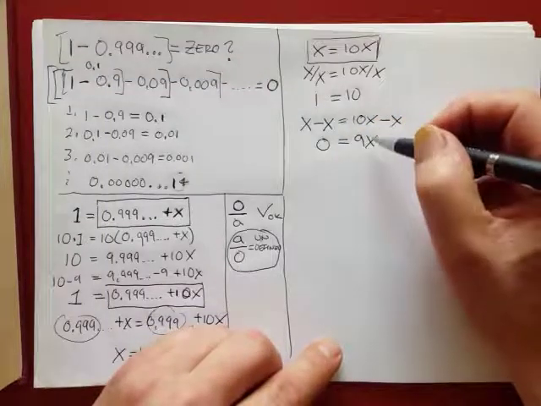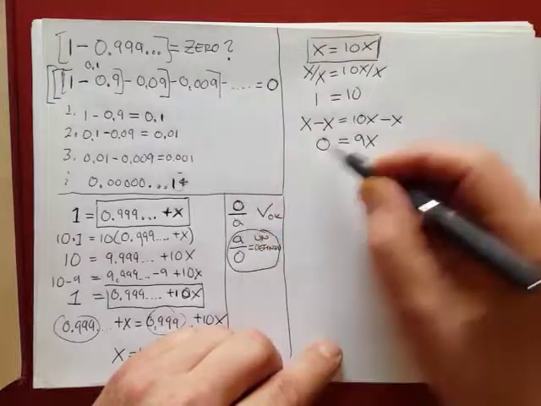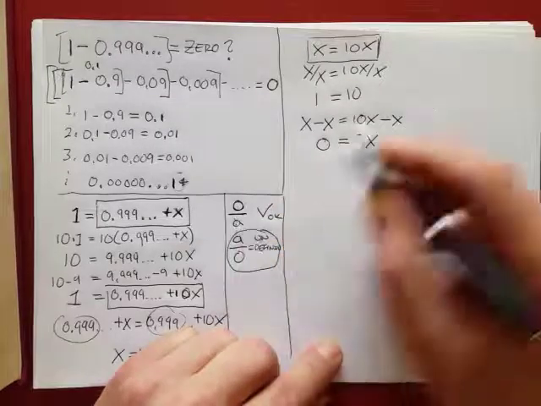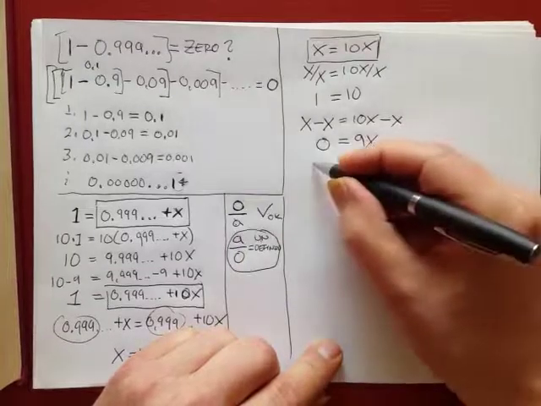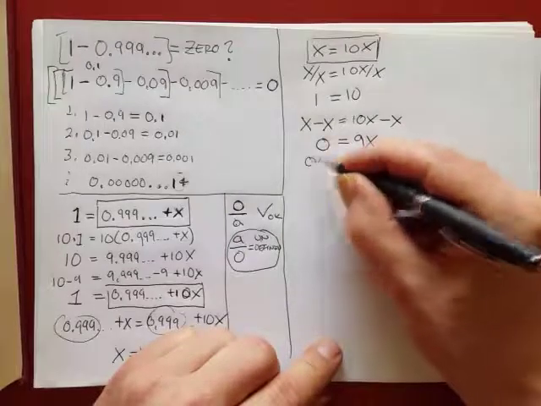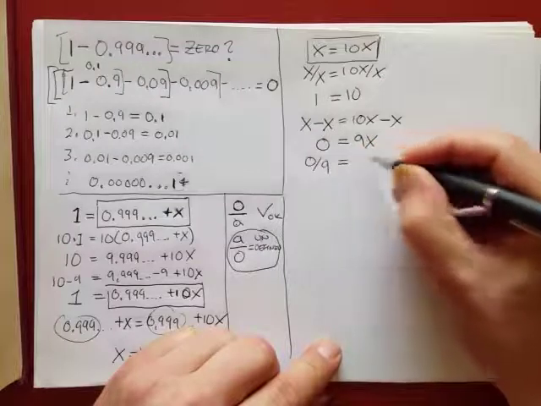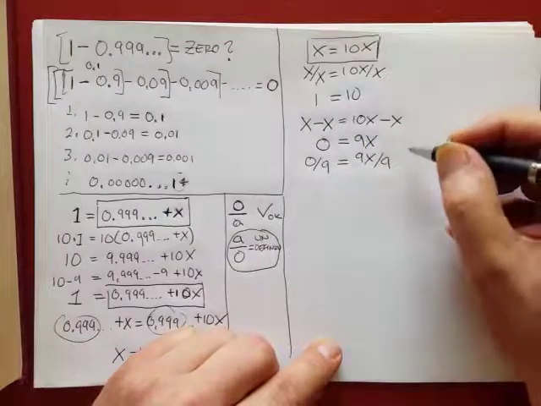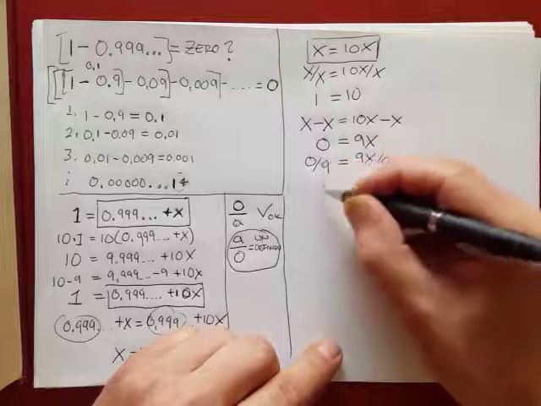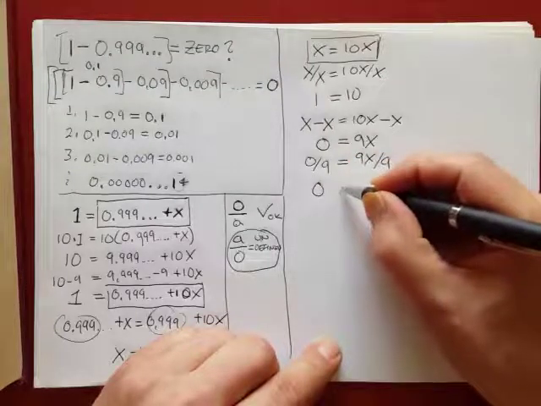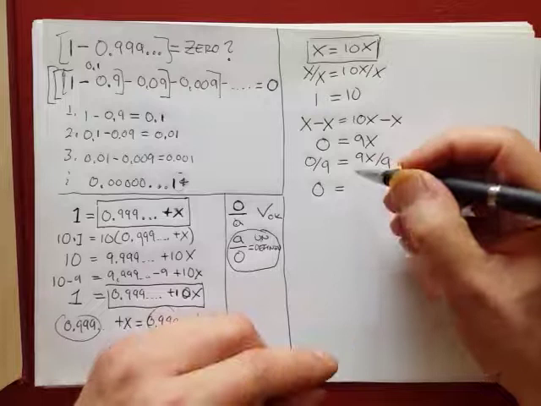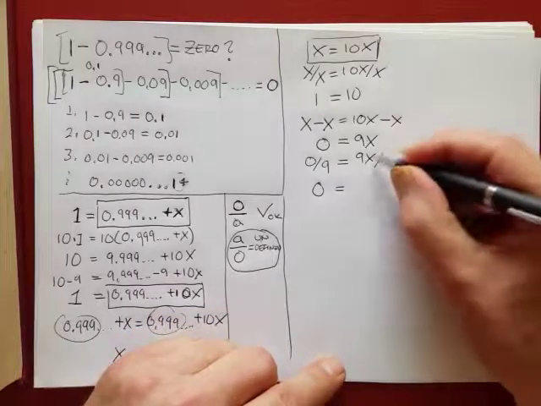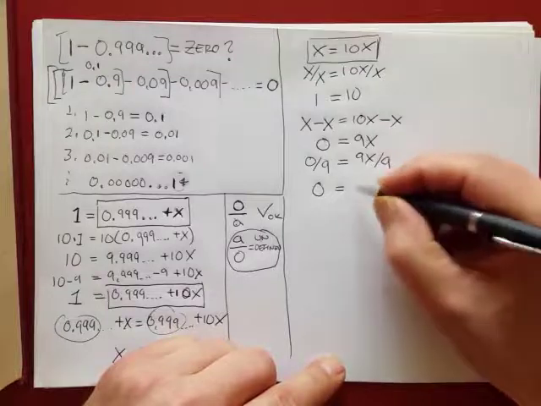And if you remember, we are allowed to divide 0 by any number. That's okay to do. So we could divide by 9 on both sides, 9x divided by 9. And this thing here is always equal to 0. Because if you take nothing and divide it by anything, you still end up with nothing. And here, the 9 cancels out.